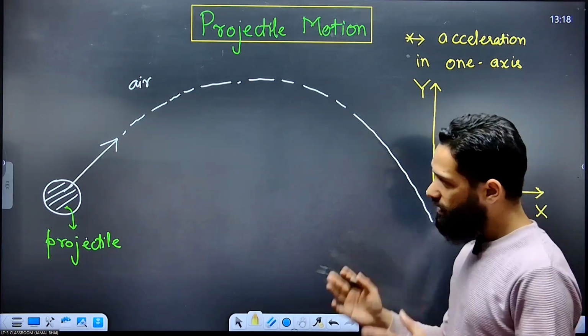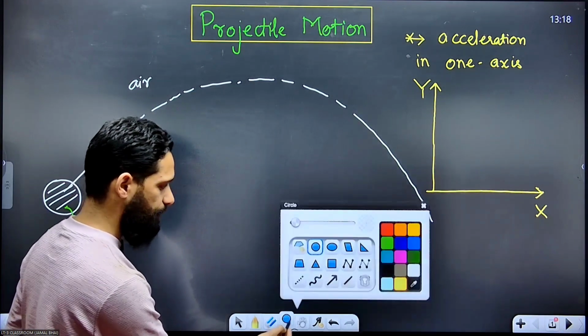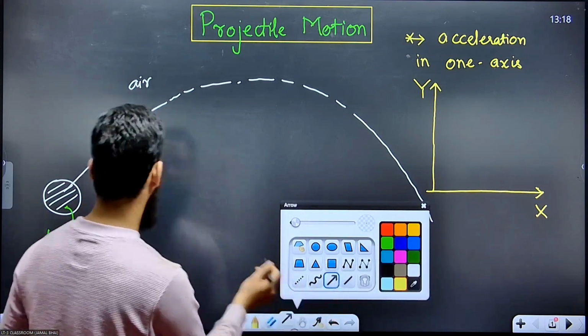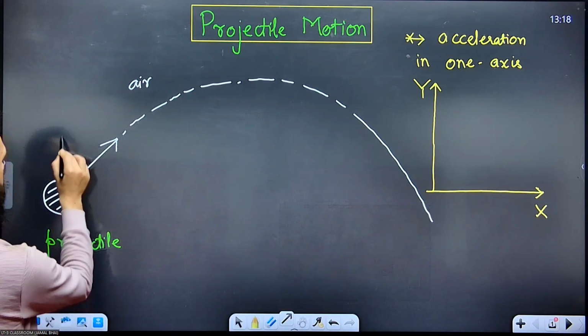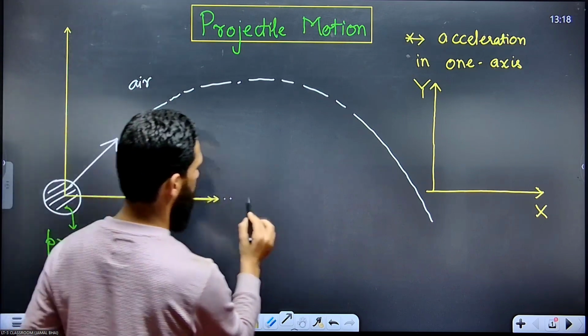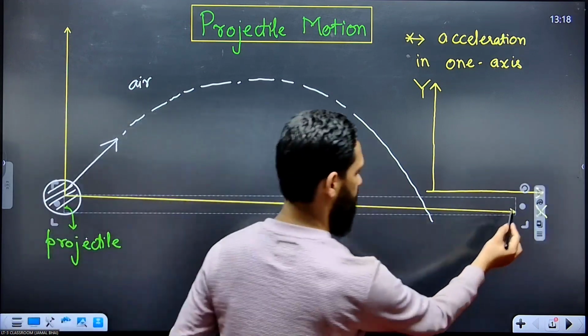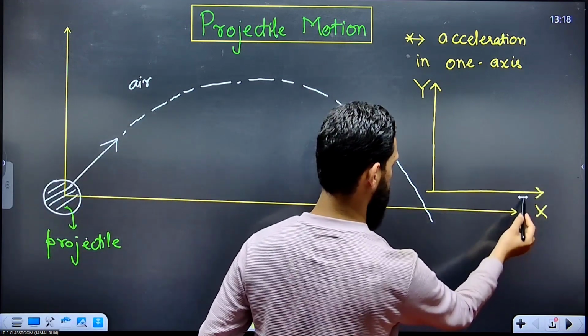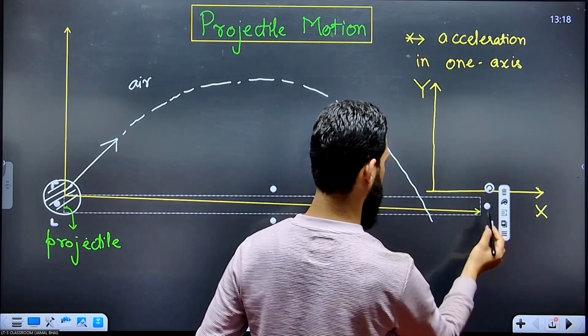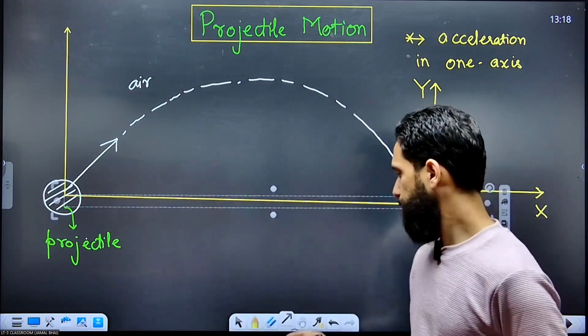Now, as we can see, when I throw this ball up in the air, the vertical axis is there and the horizontal axis is also there. So we have a vertical and a horizontal axis. Fine.